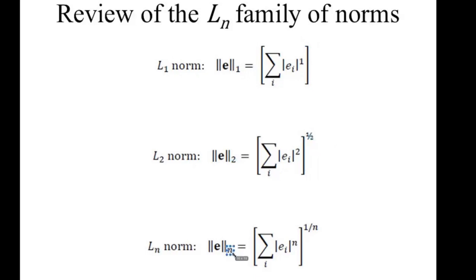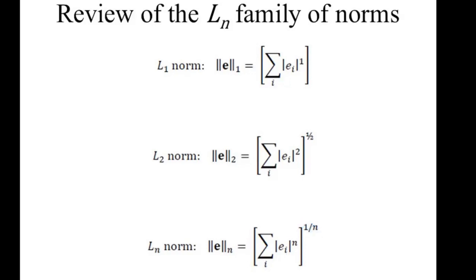Similarly, when we are calculating the nth norm, what we have to do is take each individual element raised to the power n, that is element 1 raised to the power n, element 2 raised to the power n, and so on, up to the last element raised to the power n. This entire sum is then raised to the power 1 by n, that is the nth root, right?